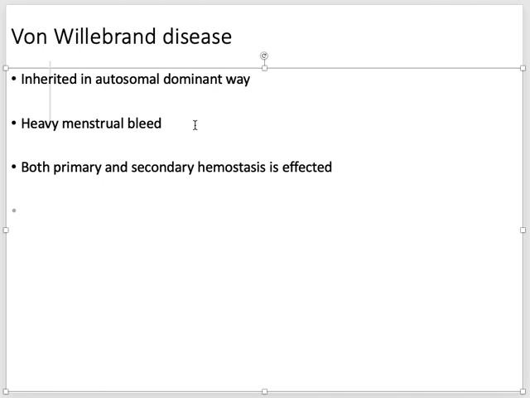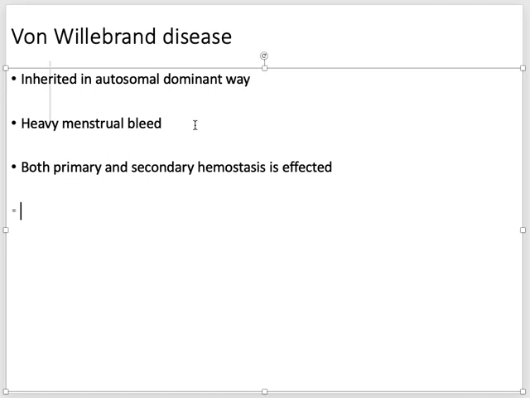As we were discussing in TTP, there are big von Willebrand factor molecules in the blood, which should be broken down into smaller ones, which are called multimers.